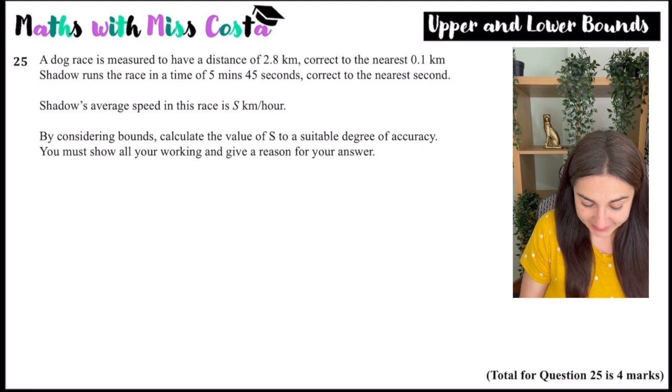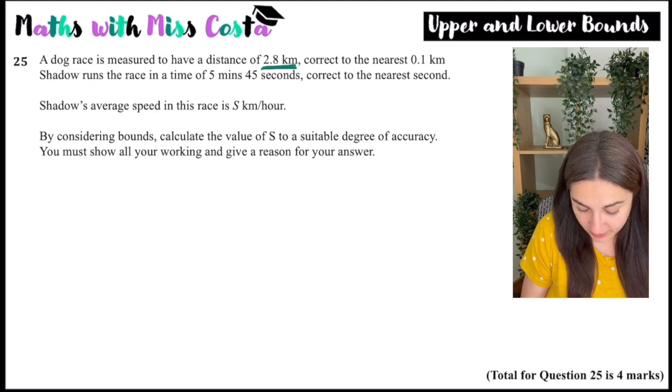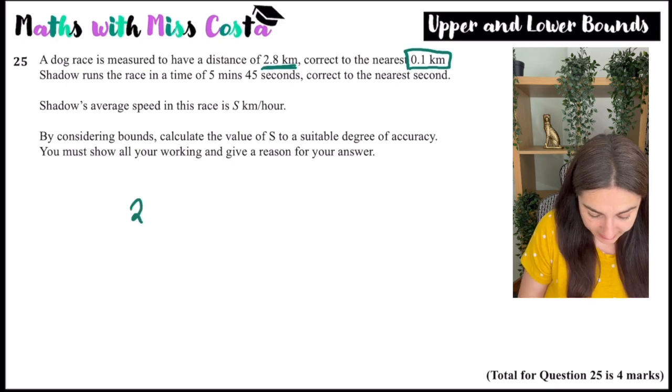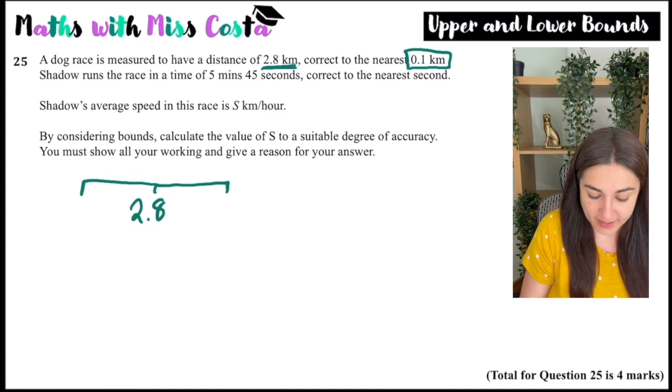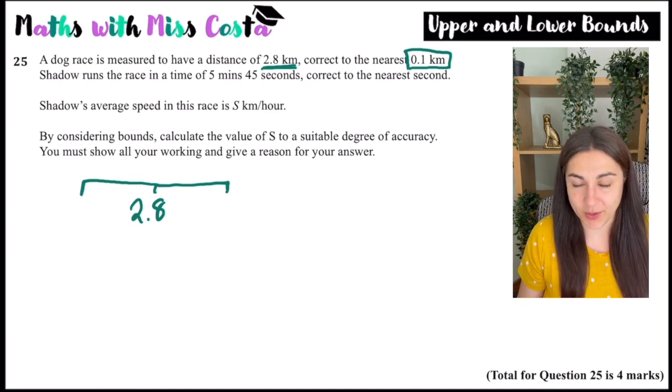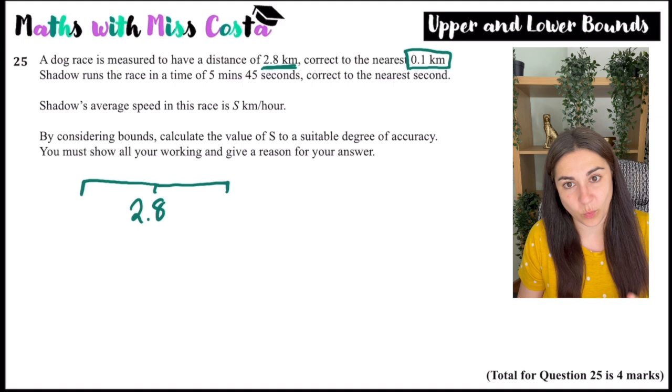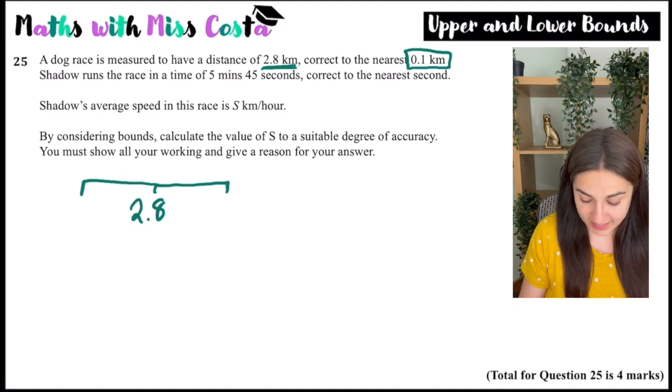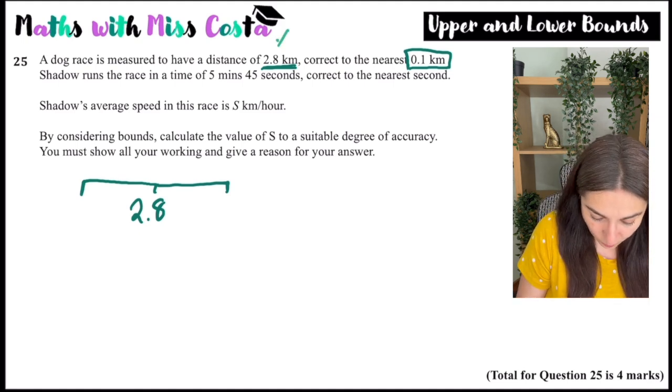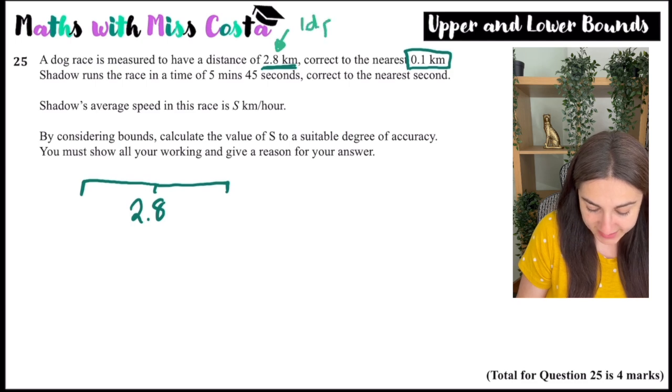So a dog race is measured to have a distance of 2.8 kilometers, correct to the nearest 0.1 kilometers. So all we do is we say, okay, what is the 0.1 kilometers surrounding 2.8, i.e. to 0.1 kilometers, in this case, it's one decimal place.